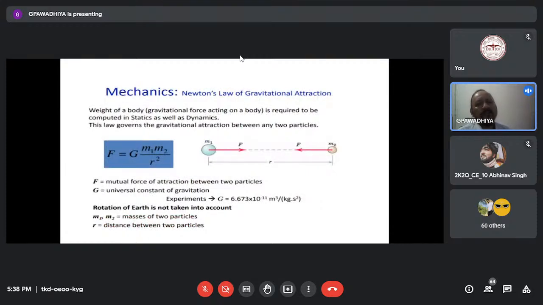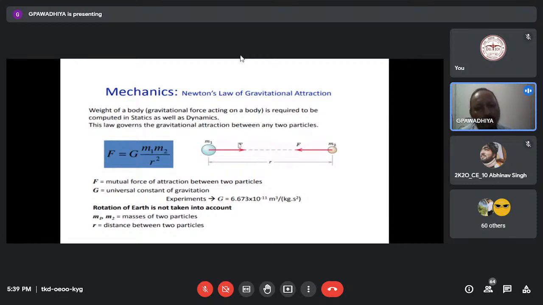Another law is Newton's law of gravitational attraction. The law of gravitation, as we know, was basically developed for celestial bodies, but it is a very good concept to define the weight of a body also, because weight is another important quantity in our analysis. So that is defined on the basis of Newton's law of gravitation.